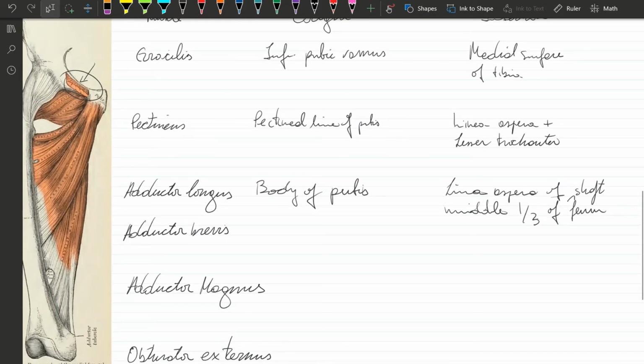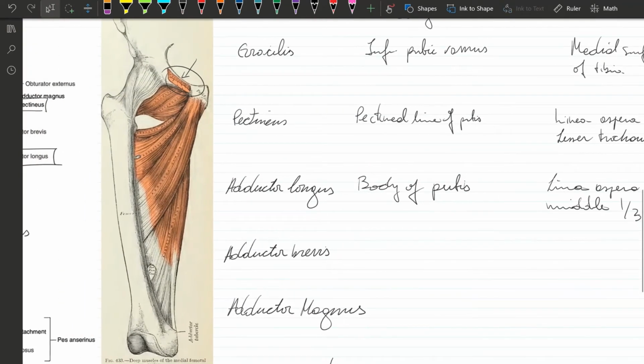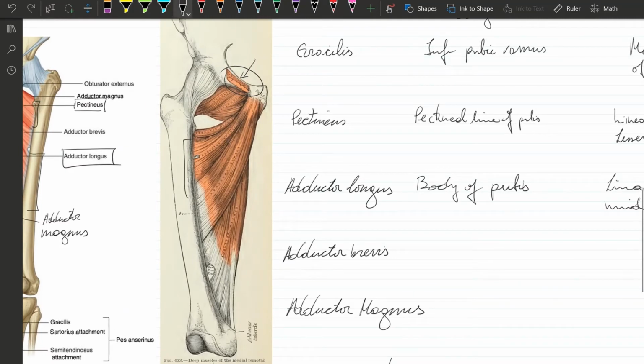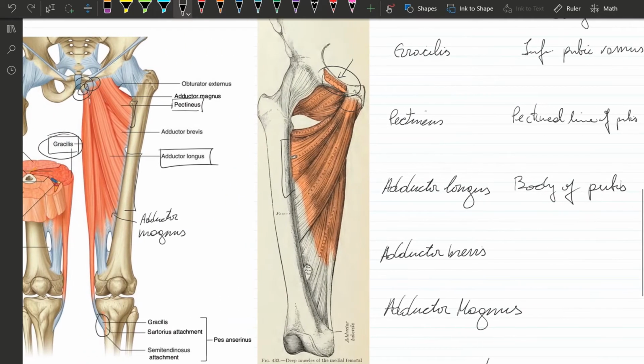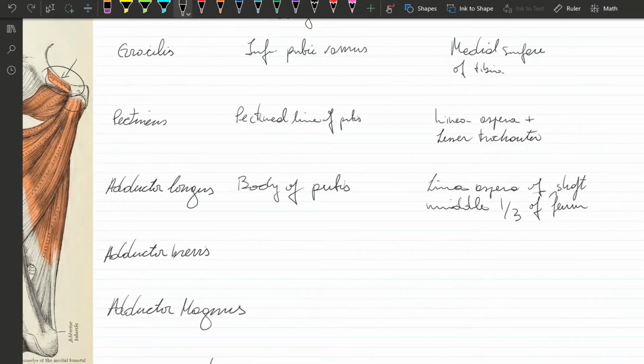Then if we go back and look at the next muscle, it's going to be Adductor Brevis. The Adductor Brevis is going to have a very similar insertion, but this picture is not telling the entire truth. This one looks a little bit more obvious because its origin is going to be a little bit behind. Where it's actually going to be is the inferior pubic ramus, same as the Gracilis.